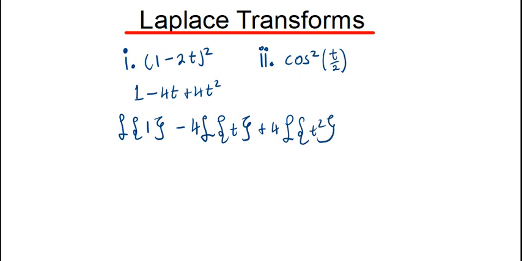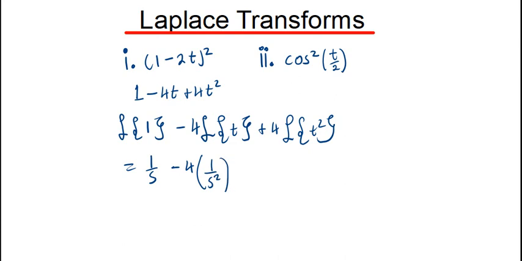For the Laplace transform of 1, in the introductory video, we found out that this was equal to 1 over s. It's just the Laplace transform of a constant. So this would be minus 4 by the Laplace transform of t. We found that it was 1 over s squared.